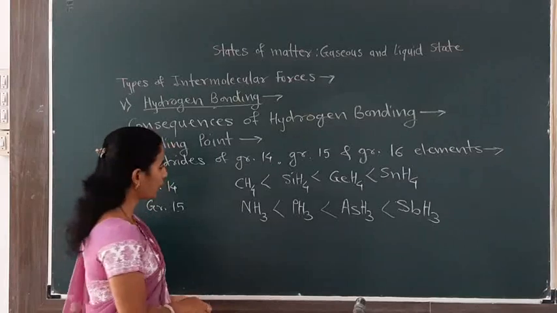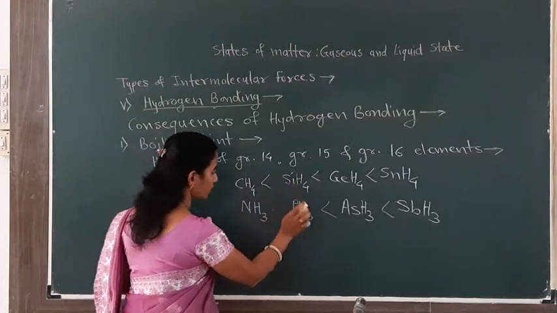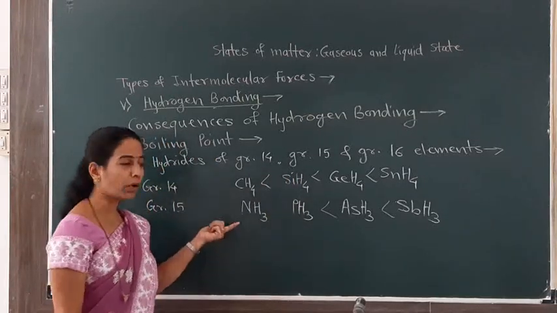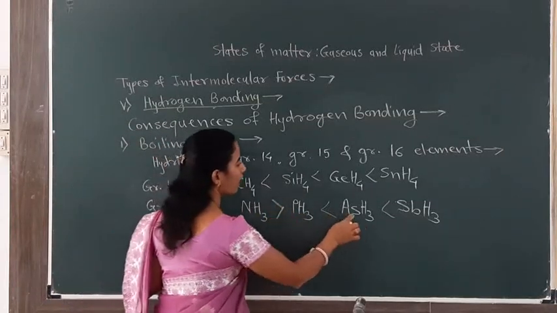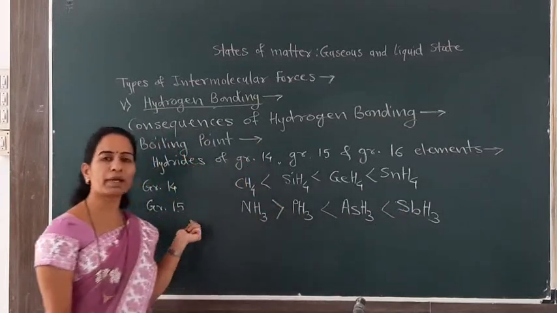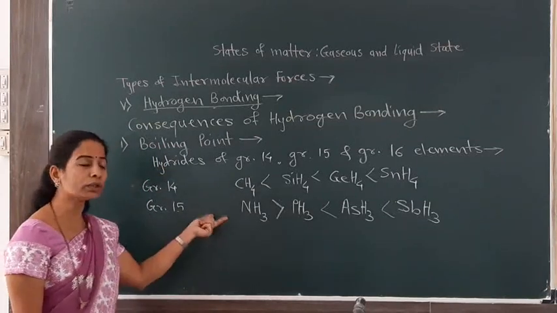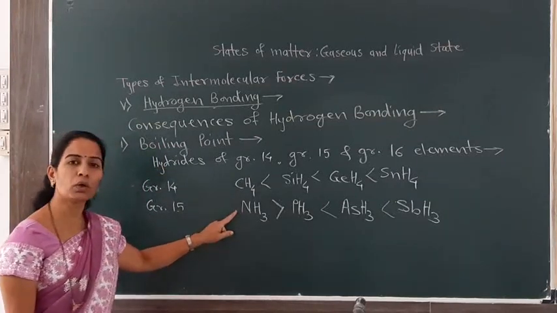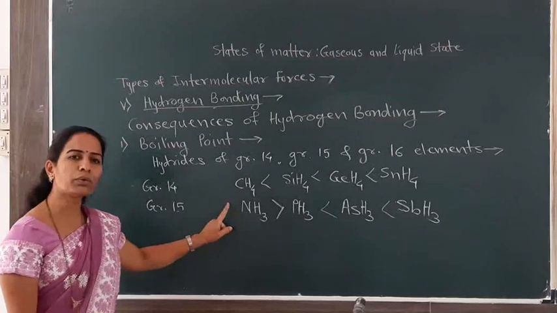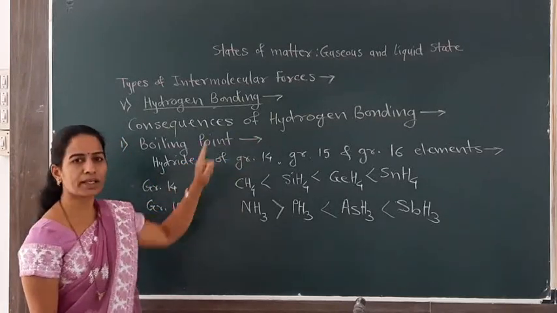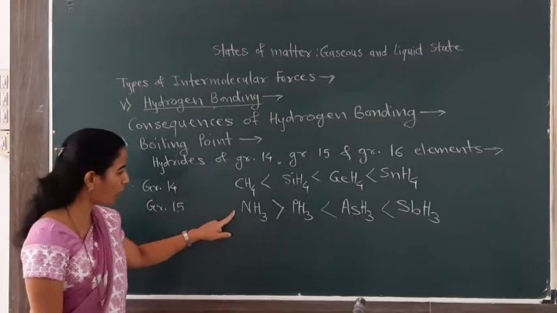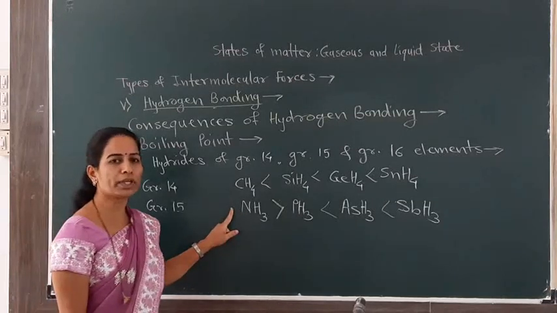But here actually what is our observation? The boiling point of ammonia is greater than the boiling points of remaining hydrides, though the ammonia is having lower molecular mass. Now why this happens? This is due to the presence of hydrogen bond in case of ammonia molecule.